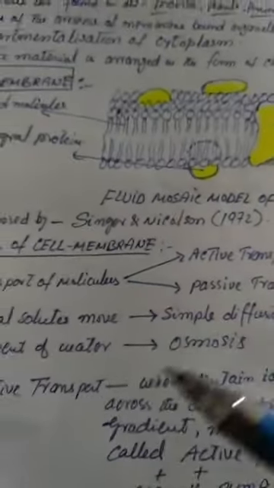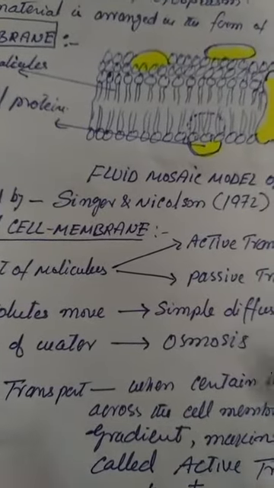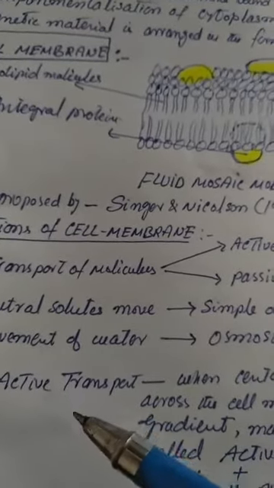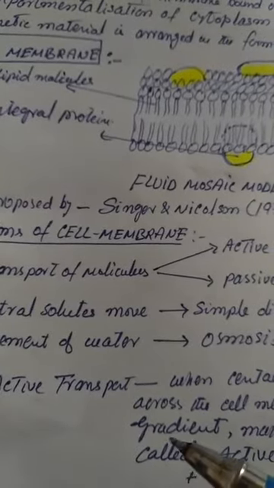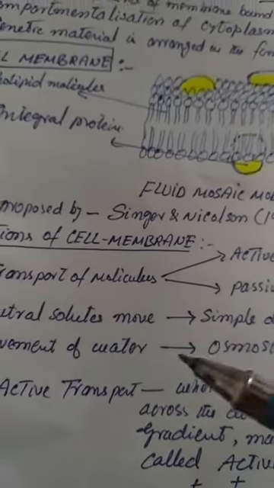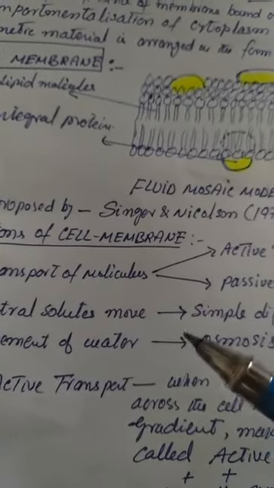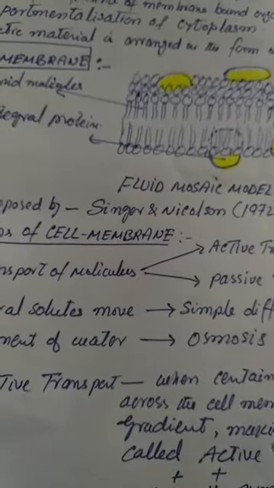Many neutral solutes may move across the membrane by simple diffusion. And water moves across the membrane by osmosis. Osmosis is the flow of liquid from a place of lower salt concentration to a place of higher salt concentration, which you have already studied.